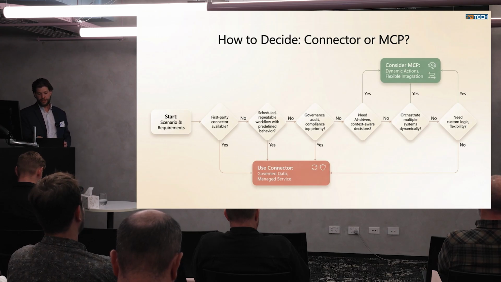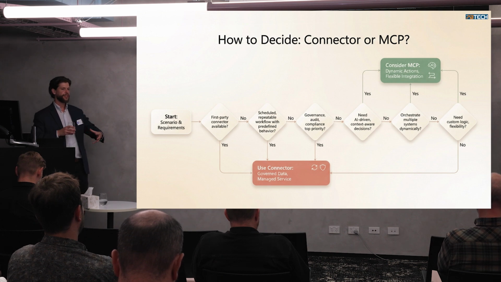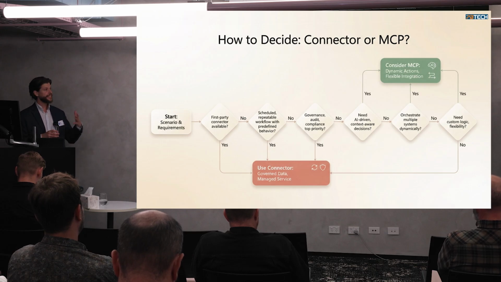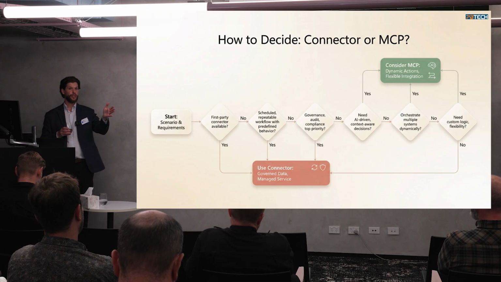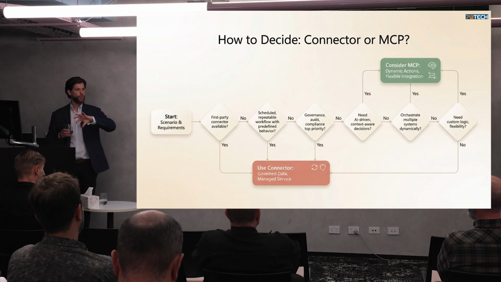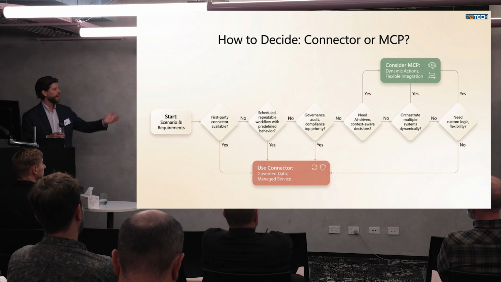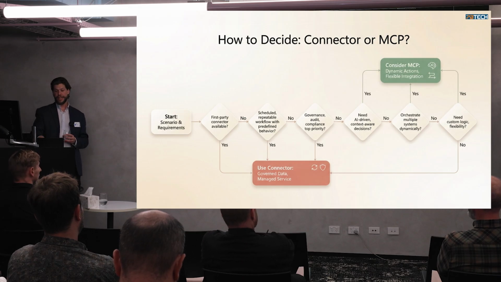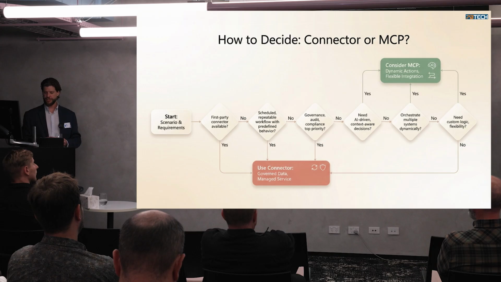But if that's not the case, maybe you want the AI to do AI-driven, context-aware decisions, and this is where we're bringing the AI intelligence into the whole process. If that is the case, and you want it to dynamically look at all of your systems or tools within your MCP server, then the MCP is definitely the right way to go. Again, if you want to orchestrate multiple systems, it's the right way to go.